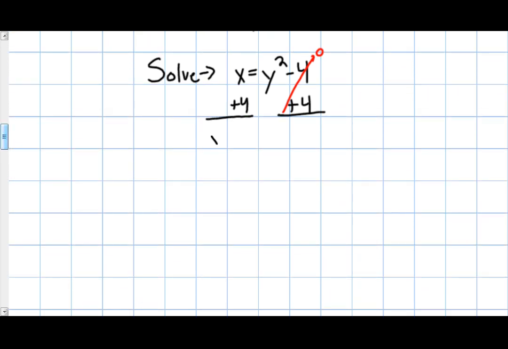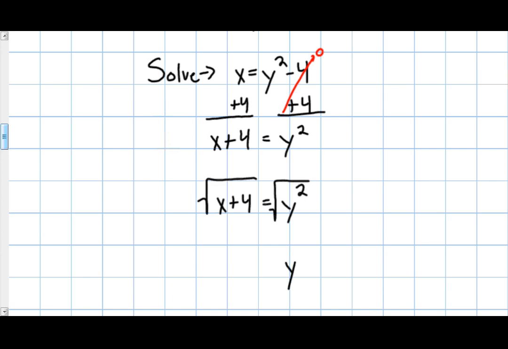Which is going to give me x plus 4 equals y squared. So in order to get rid of a y squared, or y to the power of 2, I have to take the square root of it. So if I have x plus 4 equals y squared, I have to take the square root of both sides.